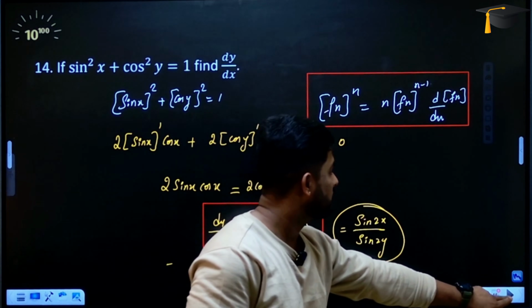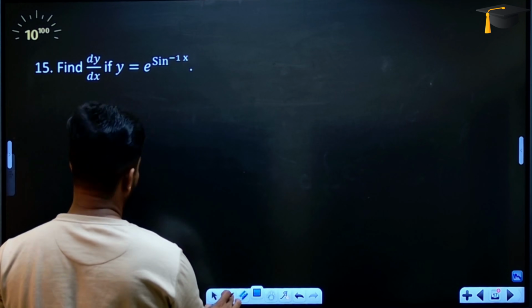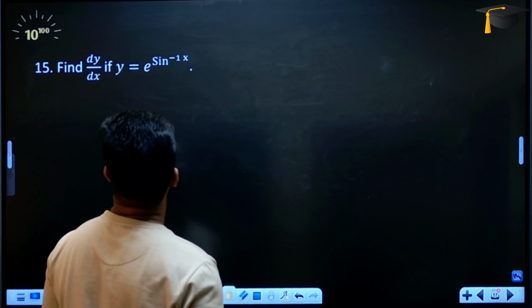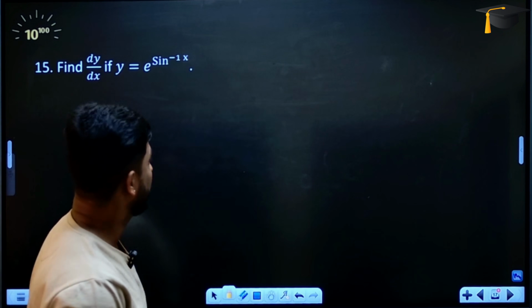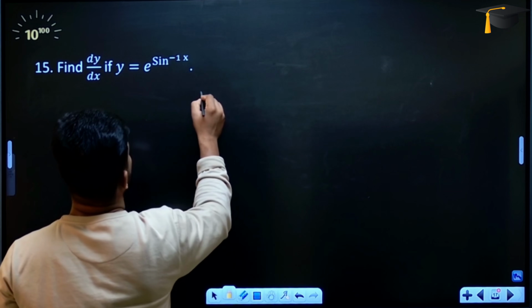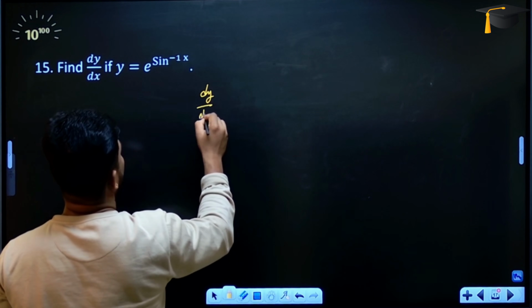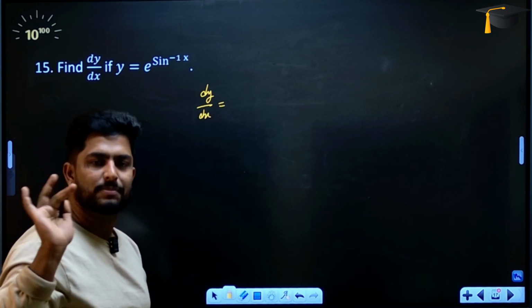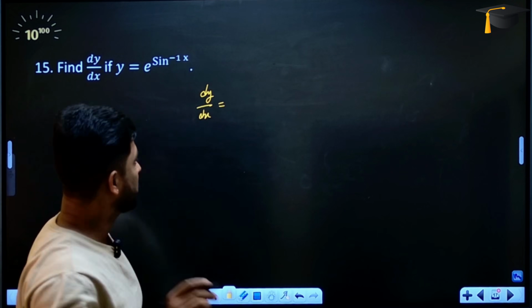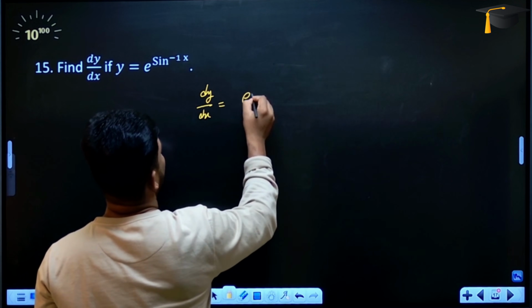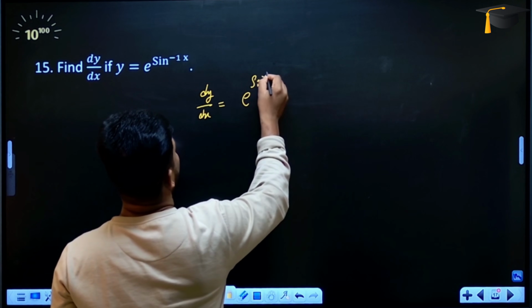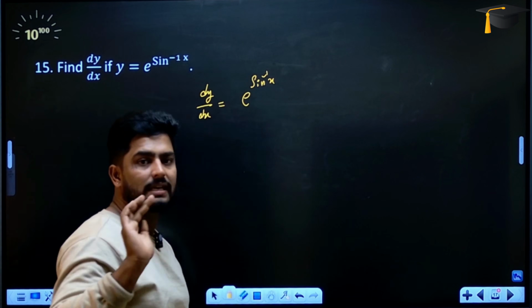Okay, next. Differentiation of y equals e to the power sine inverse x. So differentiation of this is very simple. dy by dx is equal to, first of all, it is an exponential function. So what is the differentiation of an exponential function? Exponential function differentiation is the exponential function itself. So e to the power sine inverse x differentiation is e to the power sine inverse x itself.